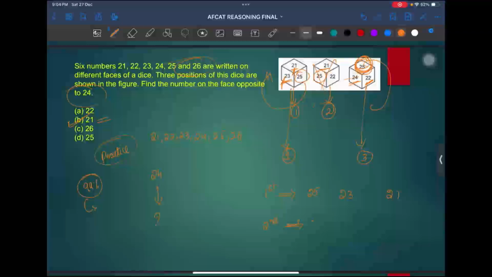Again it is 25, second number is 22, next is 24. The question is asking, what is the number opposite to 24? It is 21. These are the different types of questions which are majorly based on the clockwise method.